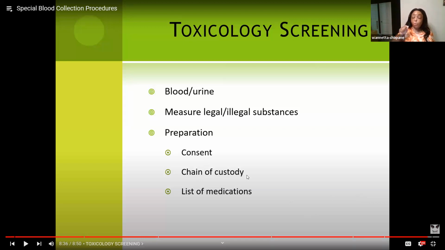So everybody who touched my sample, whether it's urine or blood, needs to sign and date that chain of custody form, because this proves that if there are any faulty things that go on with that specimen, then we have a list of who touched it.